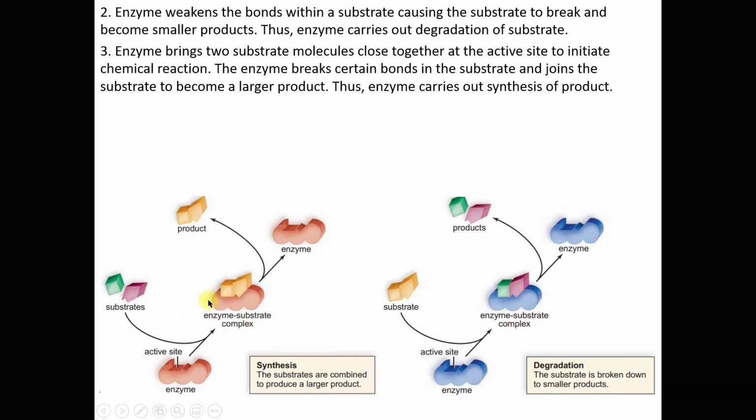The enzyme in the enzyme substrate complex will break certain bonds in the substrate and join the substrate to become a larger product. This enzyme carries out synthesis of product. So enzymes carry out degradation of substrates. Enzyme also carries out synthesis of product.